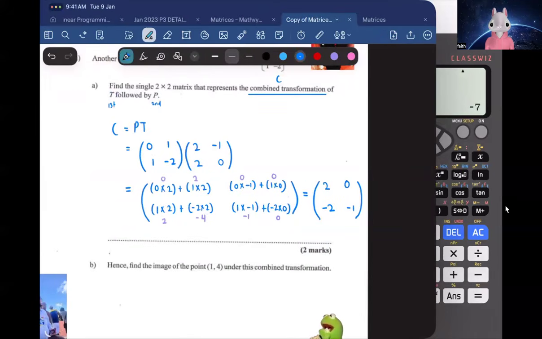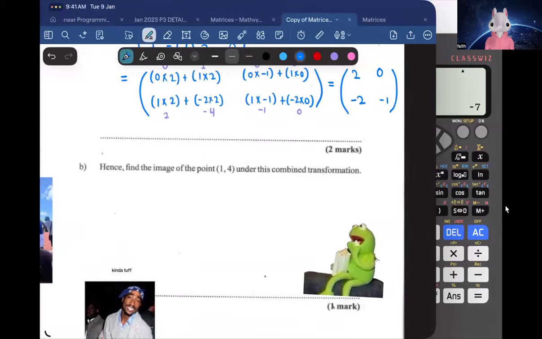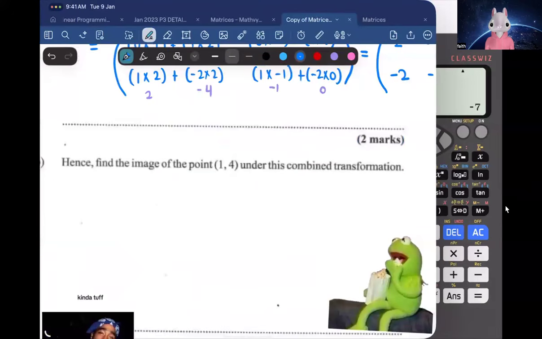So part B now. Hence find the image of the point under the transformation. Faith, you see how they're asking us to find the image of the point?